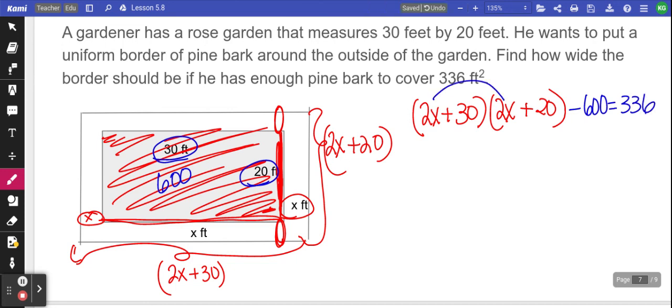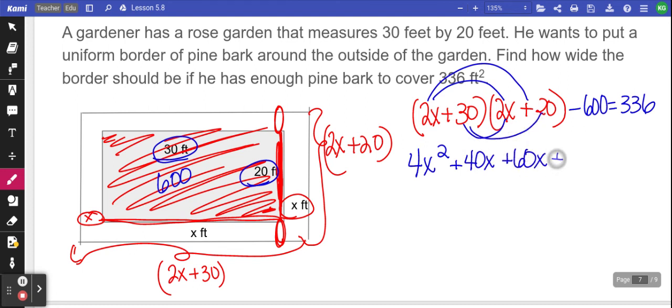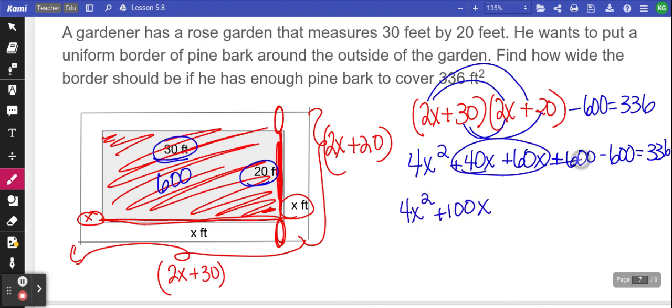So I'm going to FOIL 4x squared plus 40x plus 60x plus 600 minus 600 equals 336. Combine like terms, plus 100x. Those two would cancel each other out, but I also need to set it equal to 0, so I would subtract 336.